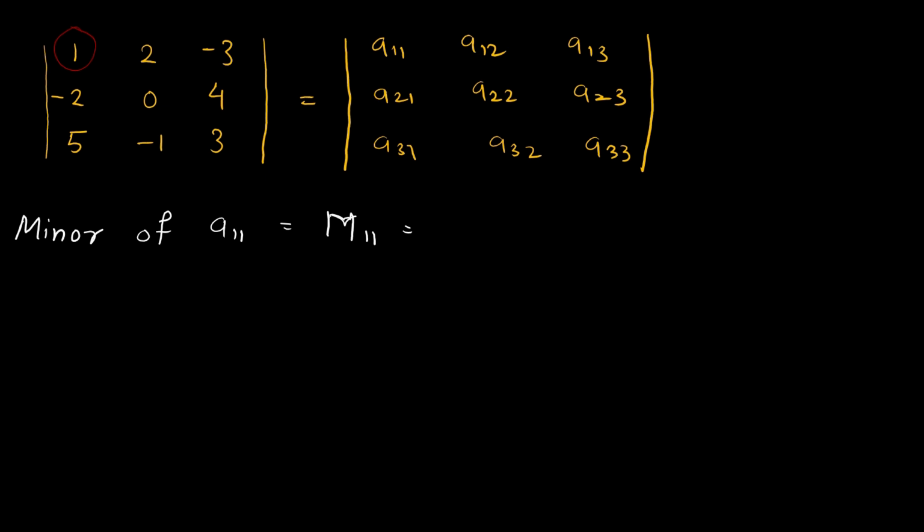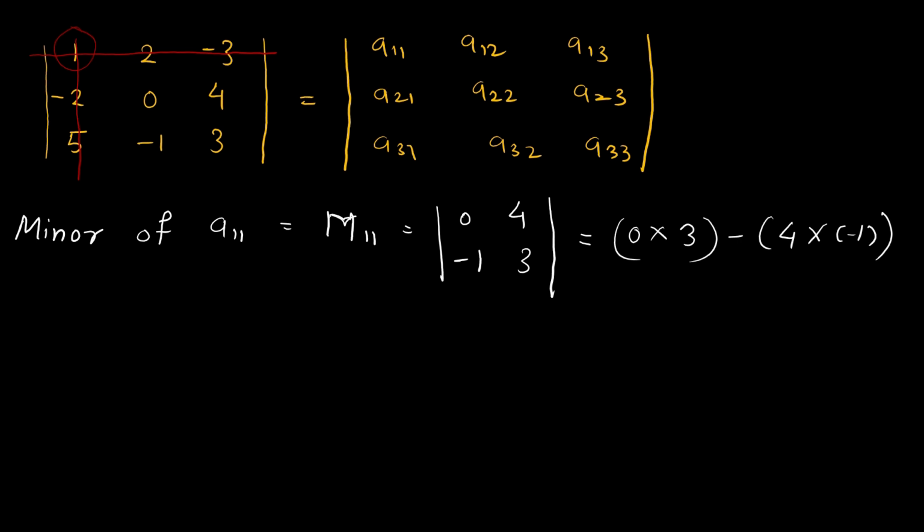What you will do is delete the row of 1 and the column of 1. Whatever is left, we take 0, 4, minus 1, 3. You have to find the value of this determinant by cross multiplication: 0 into 3 minus 4 into minus 1. 0 into 3 is 0, minus 4 into minus 1 is minus minus 4, so 0 plus 4.